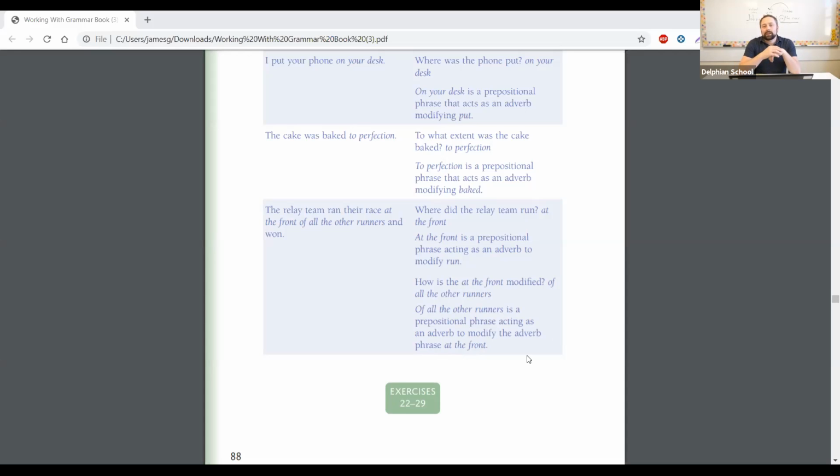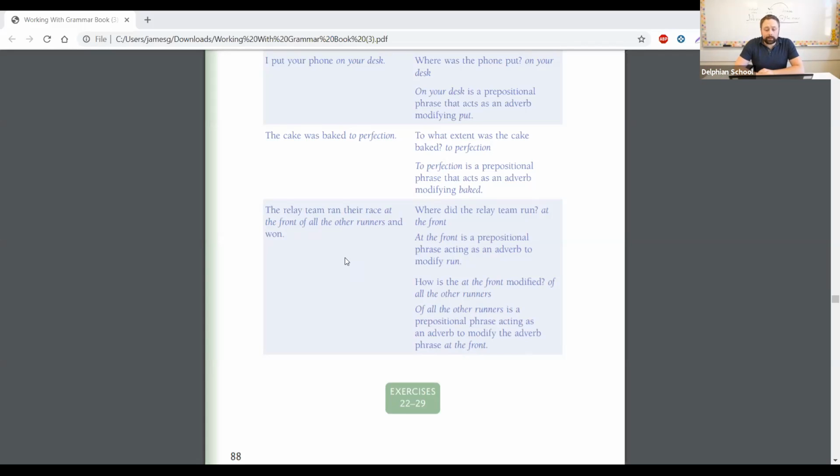So if you remember when we talked about adverbs before, they can kind of stack up. You can have an adverb that's modifying other modifiers. In the same way, these prepositional phrases can stack up. So the basic sentence here could be, the relay team ran their race and won. That would be fine. That would be a complete sentence.